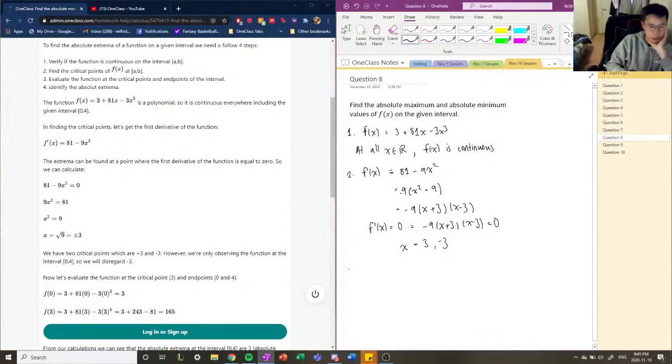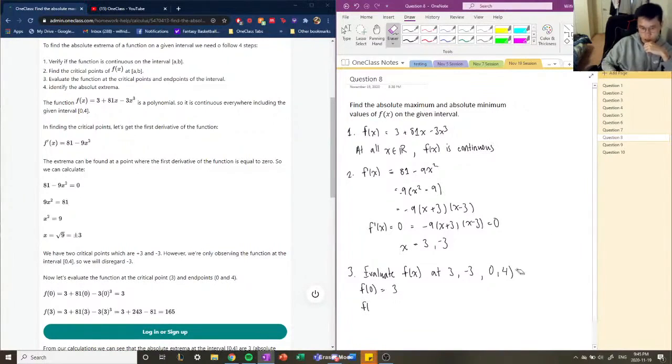Now the third step is to evaluate these critical points and endpoints. So evaluate f of x at 3 and negative 3, and we need to check our interval endpoints too, 0 and 4. So f of 0 is equal to 3. f of 3 is 3 plus 81 times 3 minus 81, which is 165.